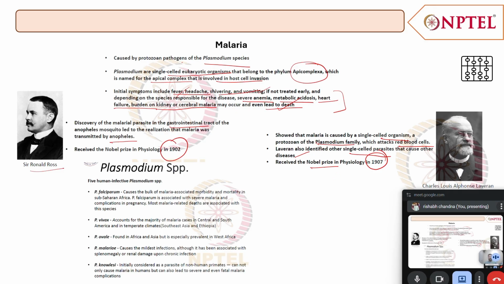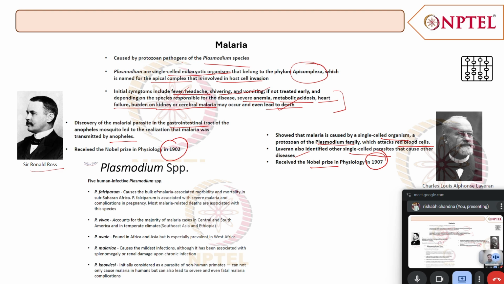So that's why all the people focused on how these organisms grow and how they infect other people as well. Now talking about the main causative agent of malaria, that is the Plasmodium species. Five human infective Plasmodium species are listed here.